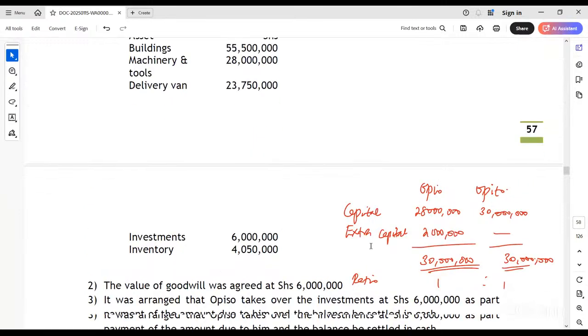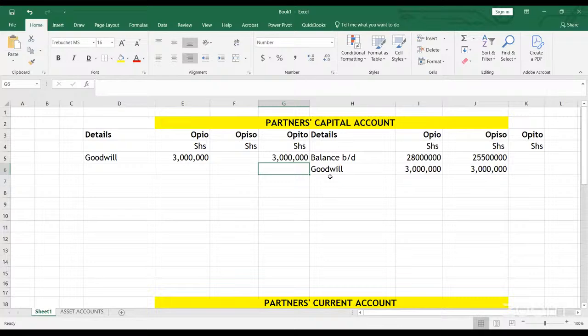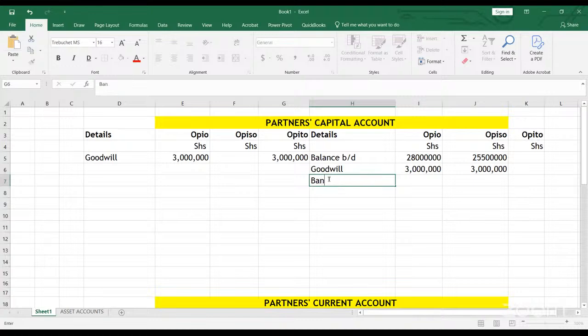Let us first enter these capital contributions. Then Opito is to contribute 30M. So go to your capital account and show that these partners have contributed some money. They have contributed more capital, so let us record the capital. Go to the capital account, write bank, because this money will go through the bank.